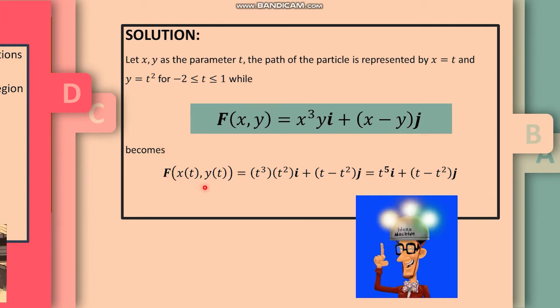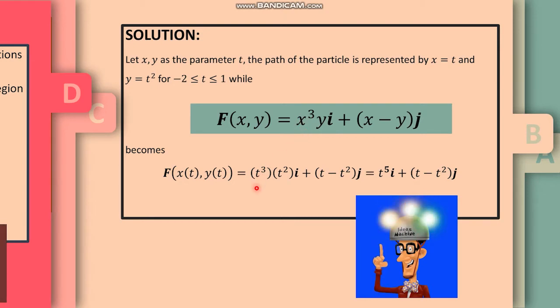So F(x(t), y(t)) equals t^3, where we get t^3 because we represented x equals t, so we just substitute x^3 with t^3.